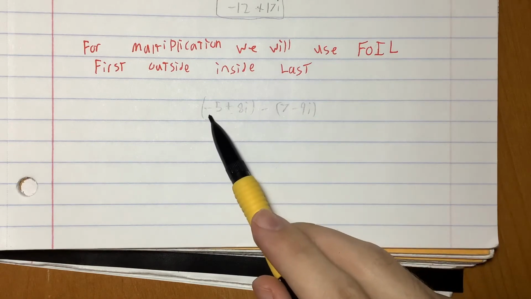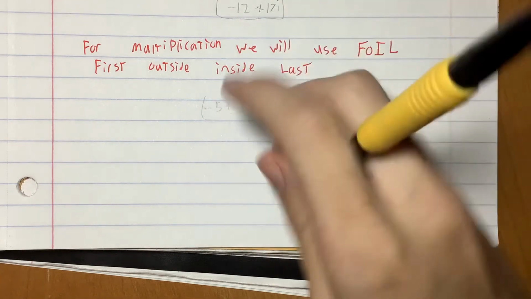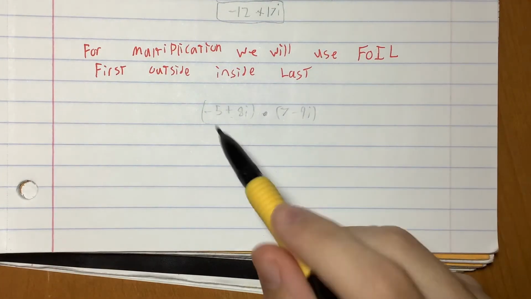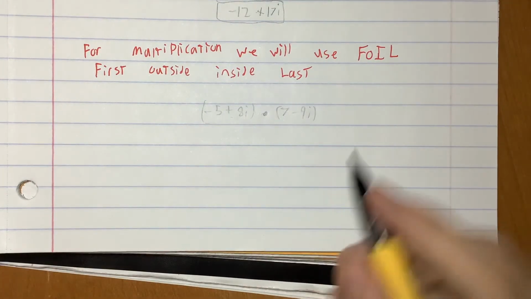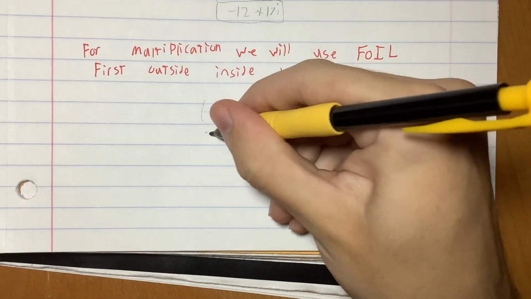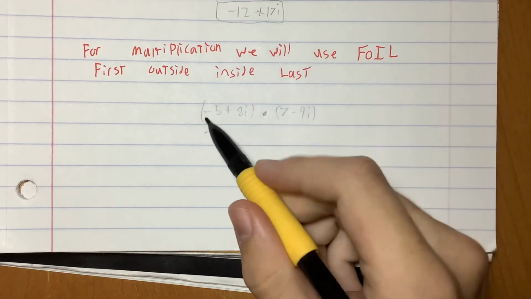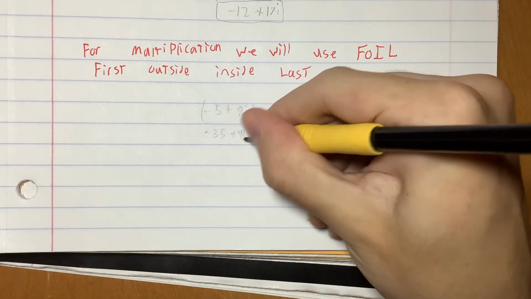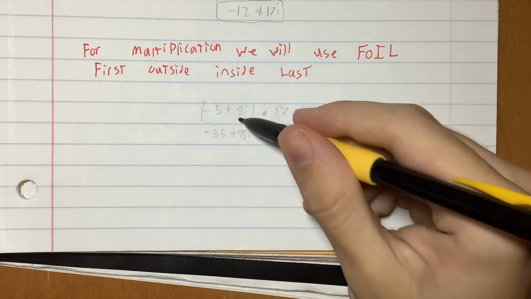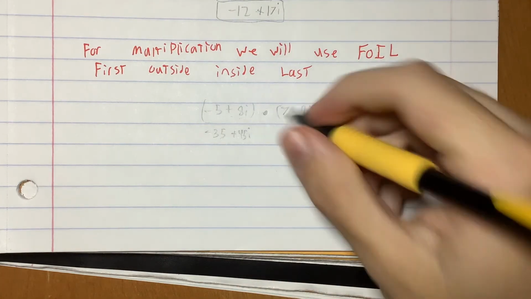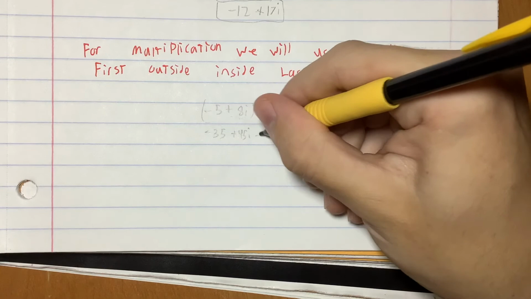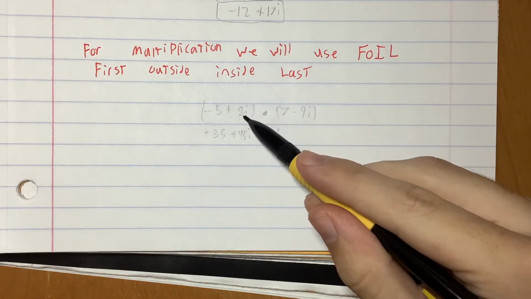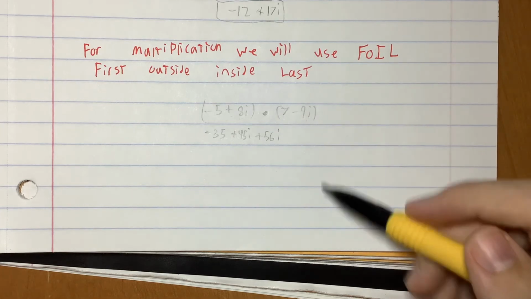First, so negative 5, wait, it wouldn't be minus, this will be multiplied because we're not doing subtraction. So negative 5 times negative 7, simple enough, that'll be positive 35.